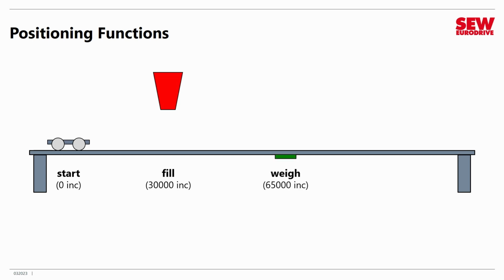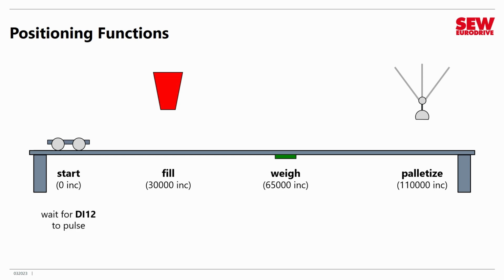There's a weigh station at 65,000 increments relative to the start position. And it's going to weigh the can to make sure it's got the right amount of material in it. And then finally, we have our palletizing machine at the very end at 110,000 increments relative to the start position. This is going to pick up the can and put it on a pallet.